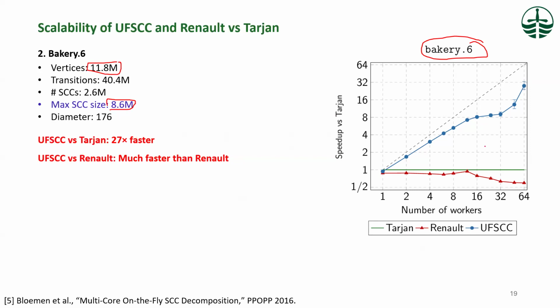In that case, we see our UFSCC versus Tarjan is 27 times faster when we ran the experiment, and UFSCC is also much faster than Renault.